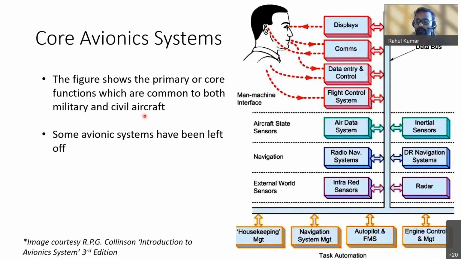However, there are some avionics systems which are missing in this diagram. For example, you have the ground proximity warning system. It is the system which sounds "pull up" when the aircraft is near the ground. So it gives an audible or voice warning, right?